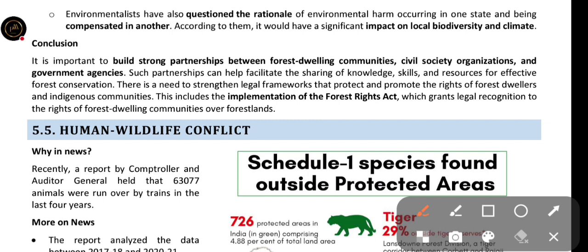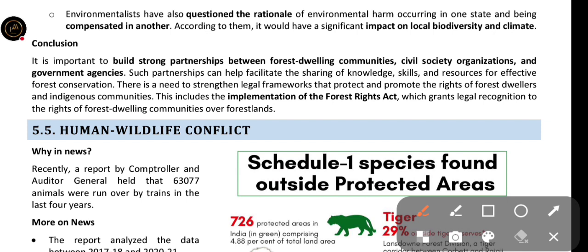And forests should be removed only and only through the permission of the Gram Sabhas. Then the government can protect these forests, fulfill the targets of the sustainable development goals, and also enhance carbon credit on the international platform.